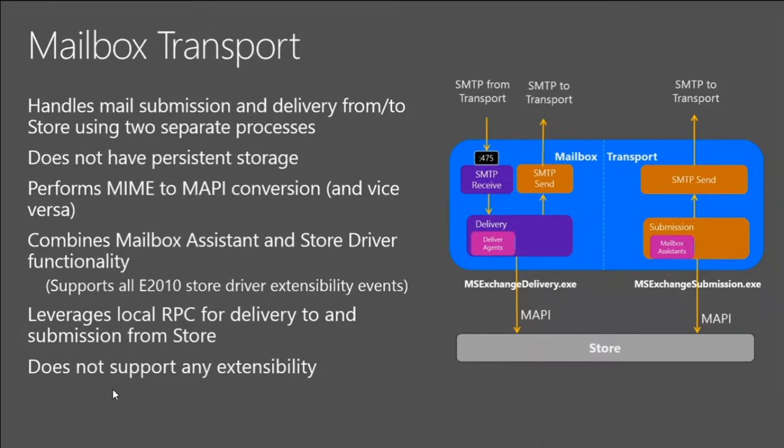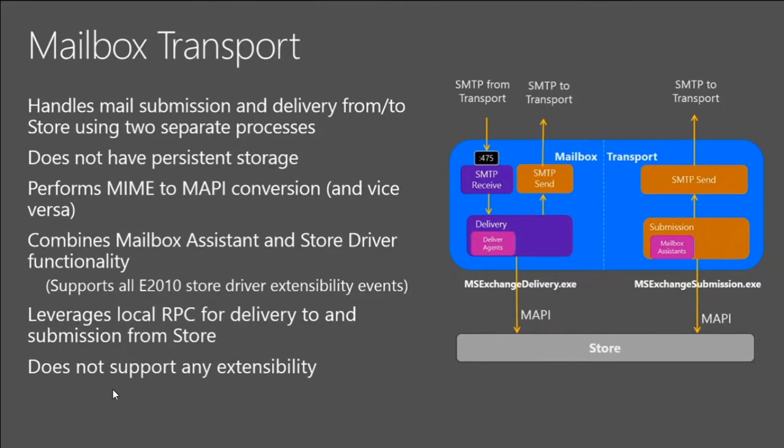Let's move on to the MS Exchange submission service. Now, the submission service subscribes to the event assistant infrastructure service, like many other event assistants. What I mean by that is, when you click the send button, you'll notice that the mail actually goes in your outbox first if you're using Outlook, or it goes into the drafts folder if you're using OWA.